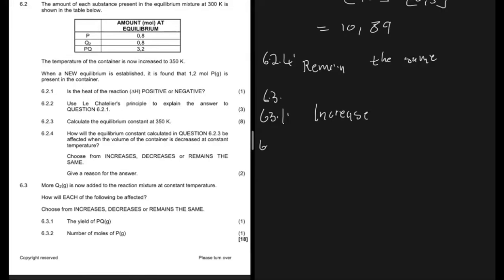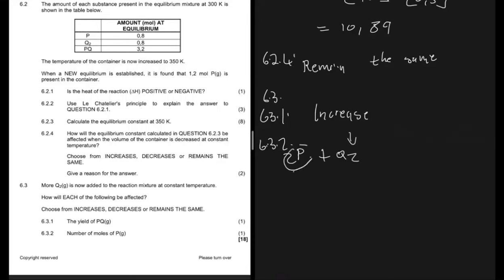If you increase the product, then the yield of the reactants will increase, so the reverse reaction will be favored. And then 6.3.2 says the number of moles of P, 2P and Q2, and then they're saying we increased Q2, right?